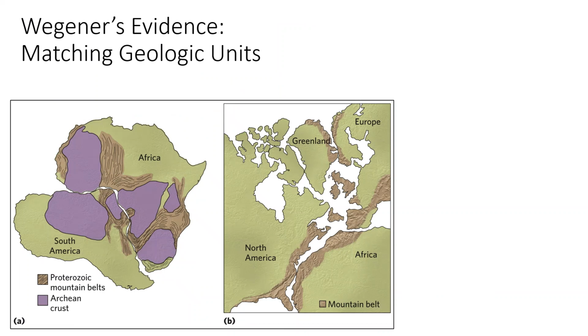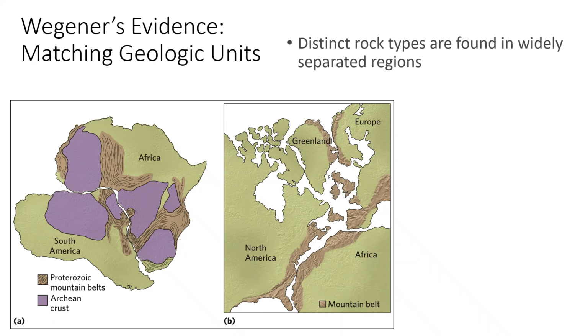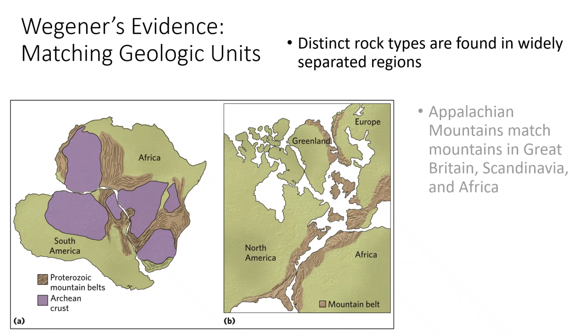And finally, Wegener's last piece of evidence was matching geologic units between continents. So distinct rock types have been found in now widely separated regions, and when Wegener put the puzzle pieces of the continents back together, particularly South America and Africa, and North America, Africa, and Europe, he found that there were similar types of rocks, mountain chains, that all lined up in a specific pattern.